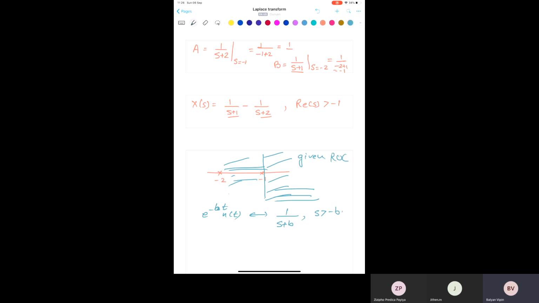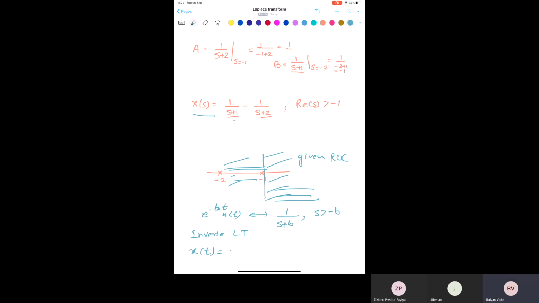So that means if I take the inverse Laplace transform of this, then x(t) is a right-handed sequence. We have to apply the property of the right-handed sequence which we used earlier.